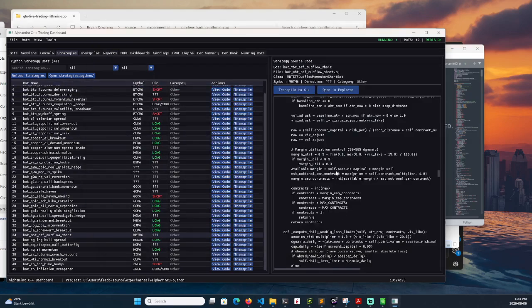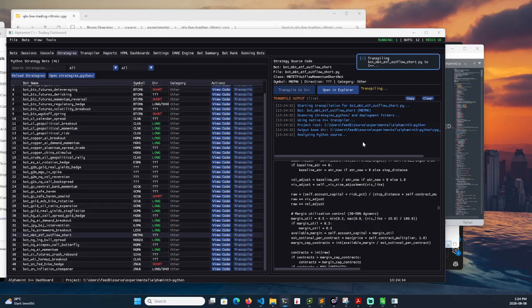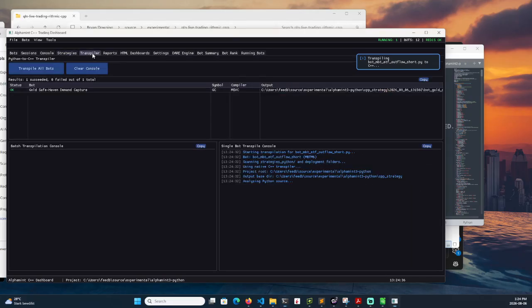So this code right here is the Python, and all I have to do, if I want to deploy it or put it in the section where I could deploy the bots, is just do this transpile, and off it goes. Wait for the process to complete, and it should show up in my list. I'm not sure why it's not. Again, bugs, but generally that's the concept of what we're trying to do here. So I'll come back to this once we get that completed.